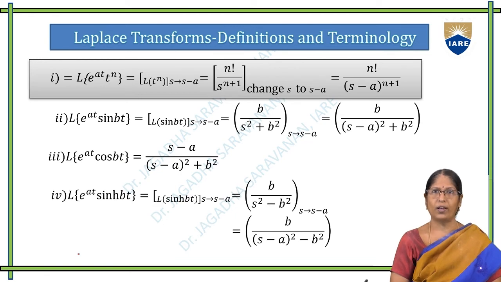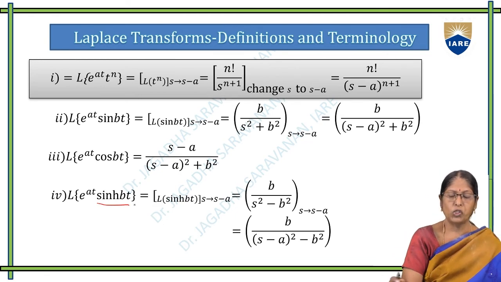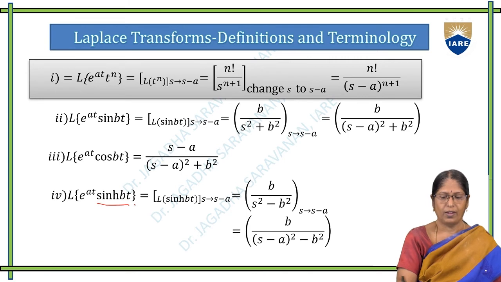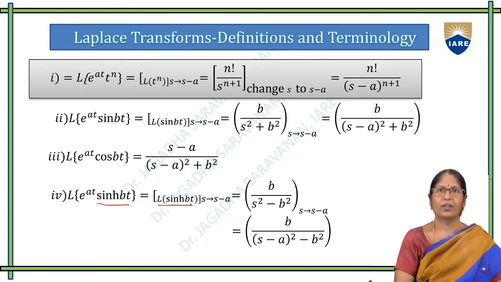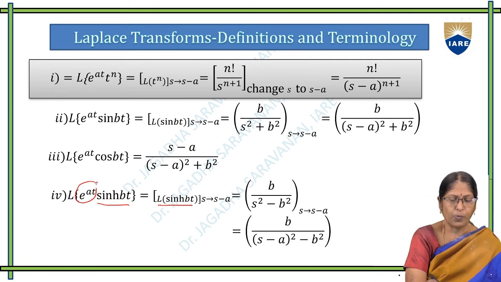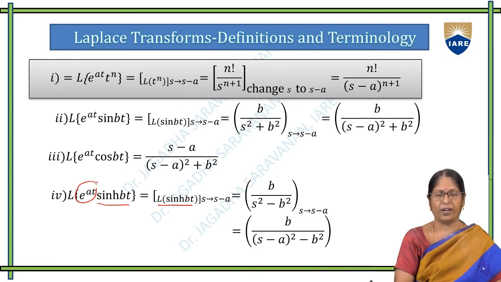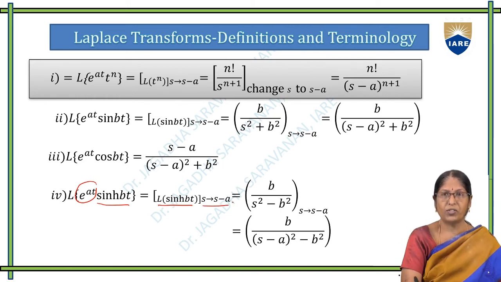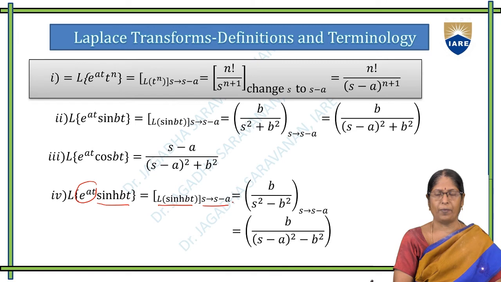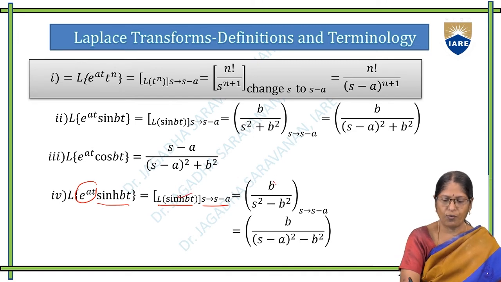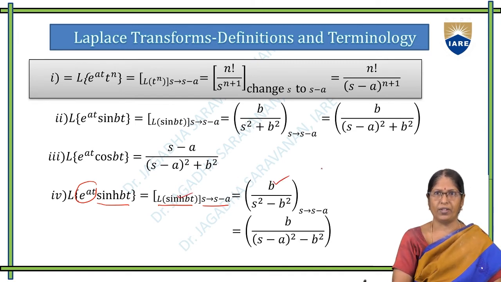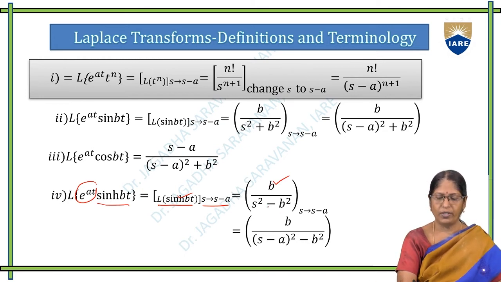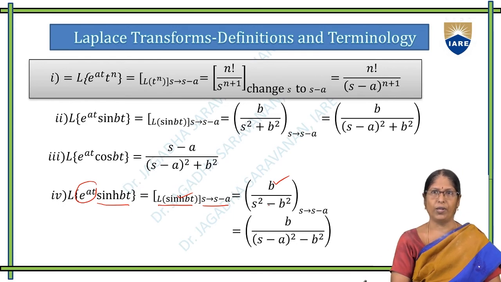So the fourth one, sin hbt. We can see it here. For e power at sin hbt, the first shifting theorem, that is s is replaced by s minus a. This is the formula for sin hbt, a very simple one. That is, sine is there, the numerator is constant, and between the terms a negative sign will be there.